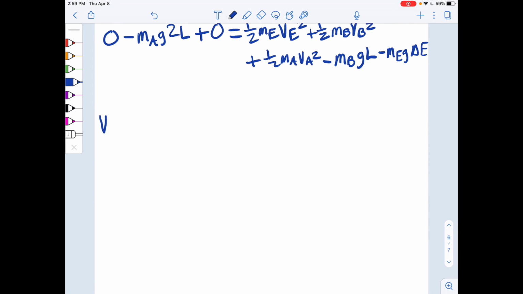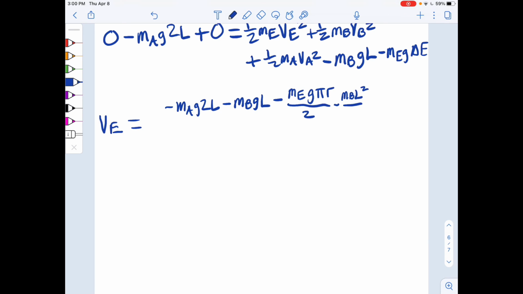And so VE would be equal to negative MA g times 2L minus MB g times L minus ME g pi R over 2 minus MB L squared over 2R squared minus MA 4L squared all over 2R squared.